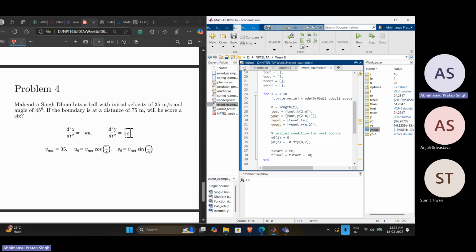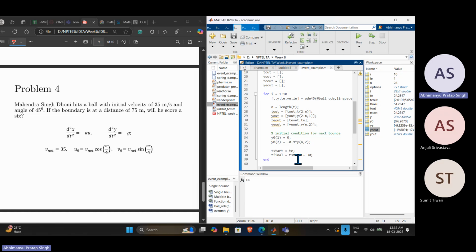For the time step when the y value becomes 0, is x greater than 75 or not? If x is greater than 75, then it's a 6, otherwise it's not a 6. What the professor showed in the video was that he manually checked it using this time series data, but you can easily use the event function to do the same thing.